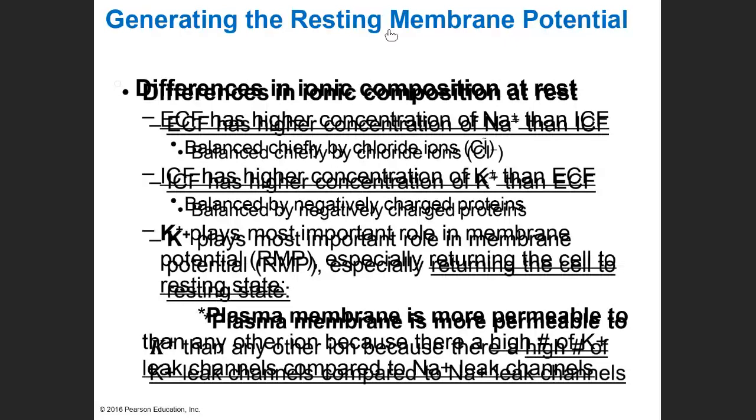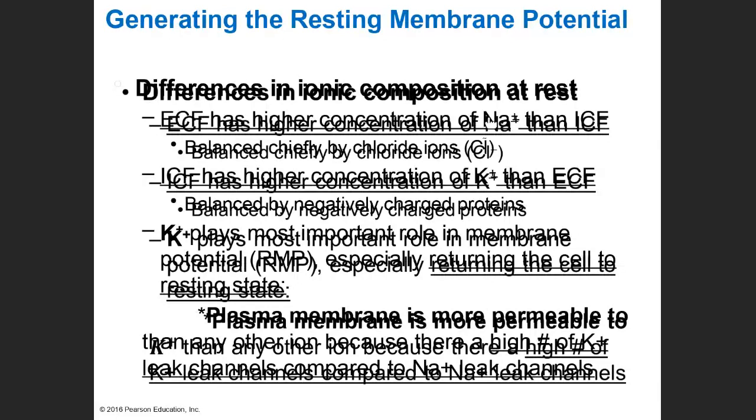So remember, we're talking about rest, and one of the things that's going to help maintain resting membrane potential is the fact that we will have differences in ionic concentration at rest. So you should definitely know for sure that at rest, the extracellular fluid has a higher concentration of sodium compared to the inside of the cell.